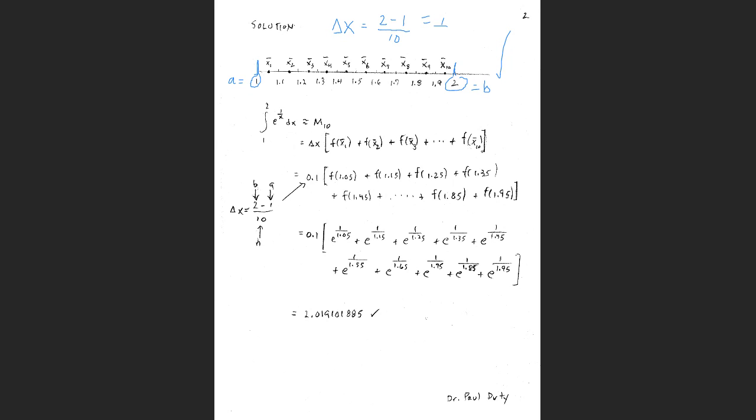That gives me a 10th. My first subinterval goes from 1 to 1.1. My second subinterval will go from 1.1 to 1.2. The third subinterval will go from 1.2 to 1.3, because every subinterval has a length of a 10th.